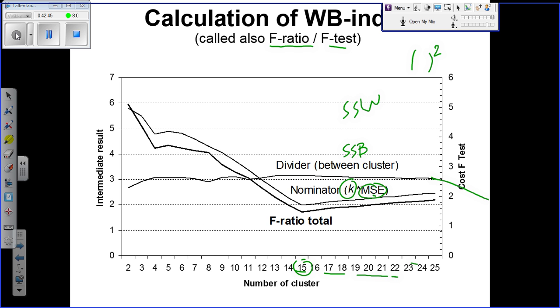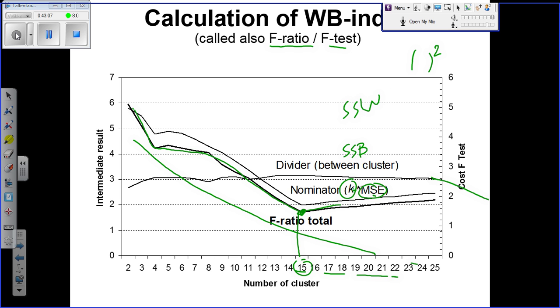Okay, I should have probably plotted them separately. The SSB is supposed to be going down, but now it's multiplied by k. So k is giving a penalty, the more clusters we have, the bigger the multiplier. Now in the result you can see what happens: there is a key point, and actually a minimum point here.